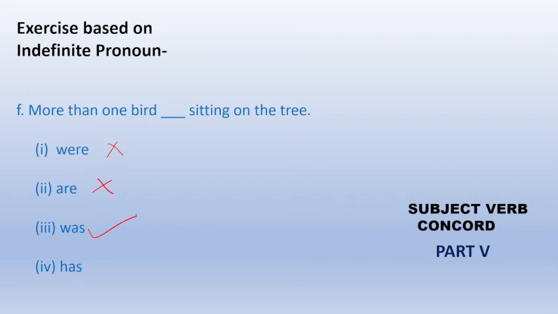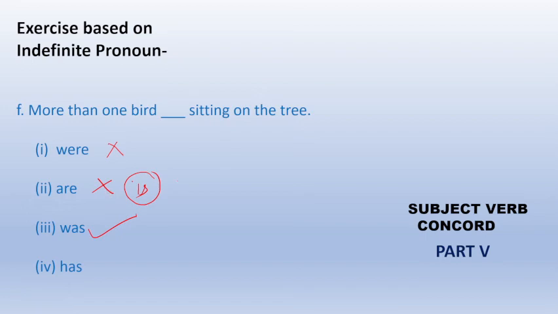And the other thing is that we are not having a singular helping verb in this sentence. If the sentence had been in present tense, we would place is here: more than one bird is sitting on the tree. But here only the singular verb option of was has been given.